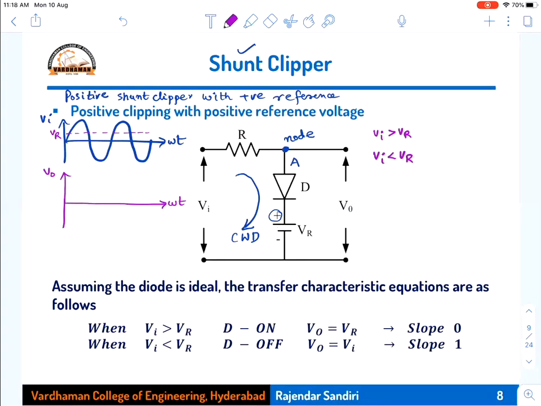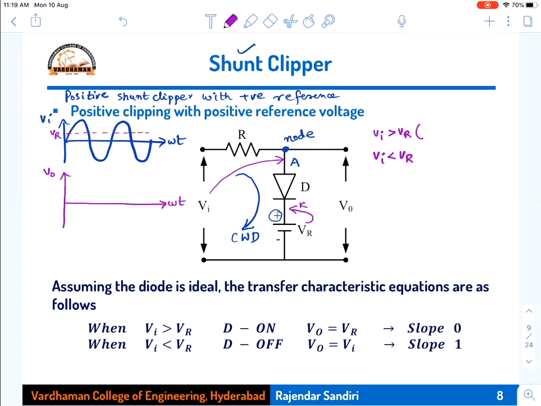Now Vi greater than VR, what happens to the diode? Vi is at the anode of the diode, and VR is at the cathode of the diode. Vi is connected to the anode and VR is connected to the cathode.